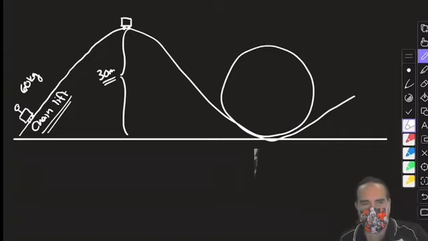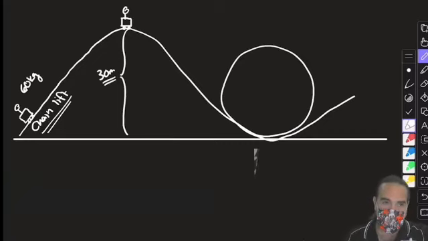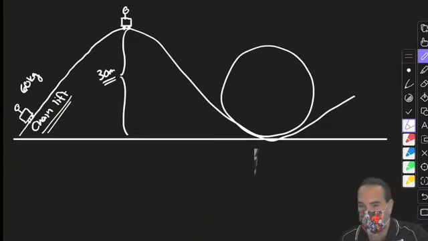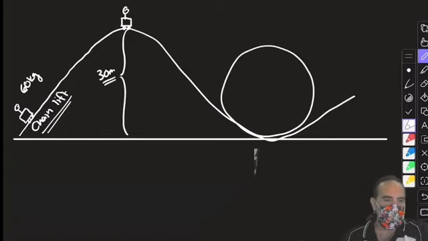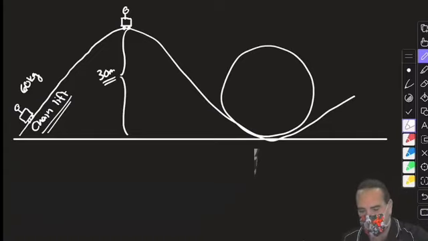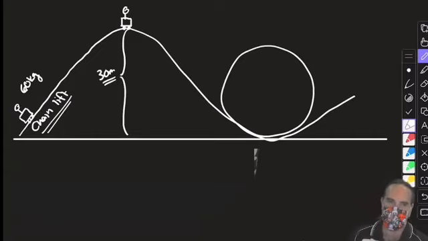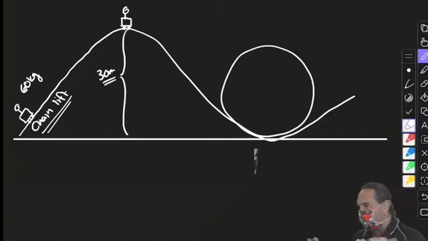Do me a favor, calculate how much work was done by the chain lift in getting you to the top of the first hill. I'll pick on one of you in just a minute, but you may want your calculator for that. And I'm asking you a trick question. So hopefully you'll see through the trick and do what I'm asking you to calculate. I'm going to call on one of you in about 3 minutes. Calculate the amount of work done by the chain lift in getting you to the top of the first hill. Again, I'll call on one of you in just a minute.